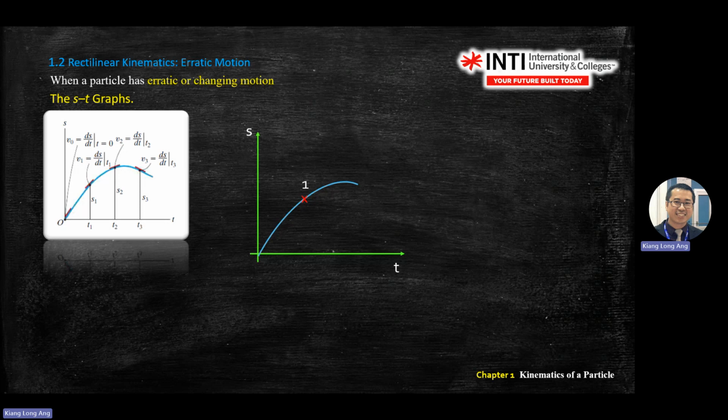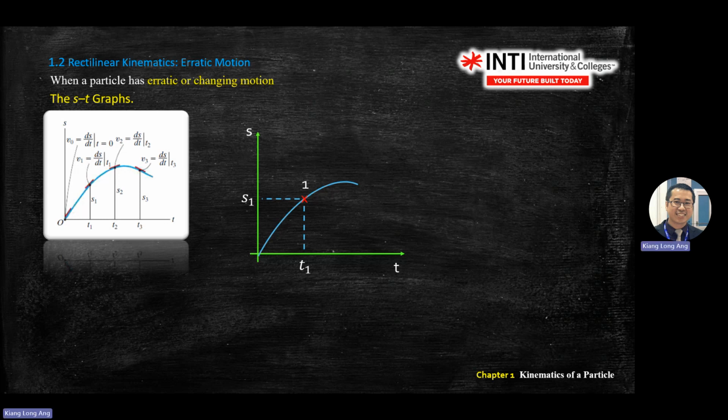How do you plot the graph? You start with the first position and mark the time t1 here, and then mark the position. So you have t1 and s1. So far clear?